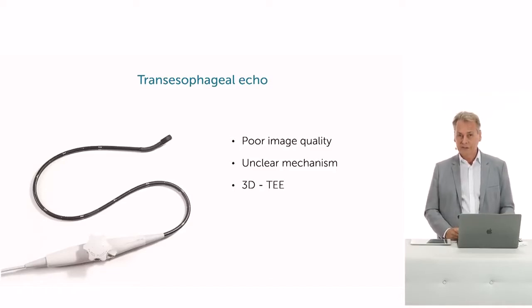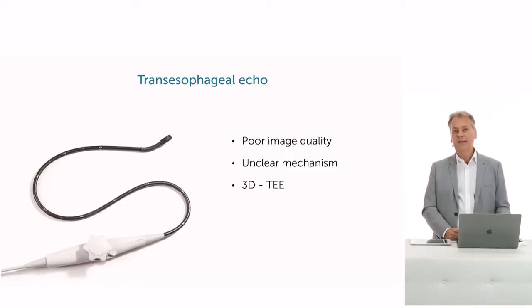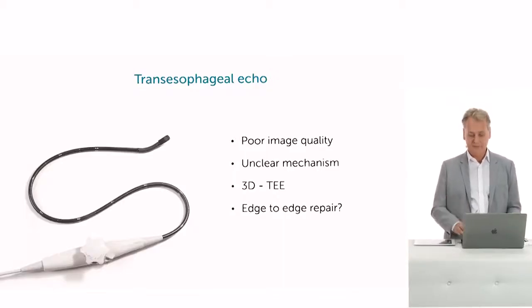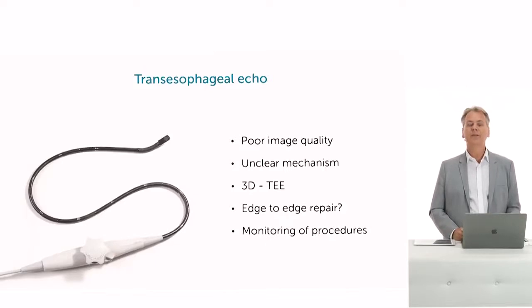Be aware that the guidelines also state that 3D echo is an important adjunct that can and should be used in specific indications. We use transesophageal echocardiography to determine whether or not an edge-to-edge repair is feasible. And finally, we obviously use it to monitor patients during such a procedure.